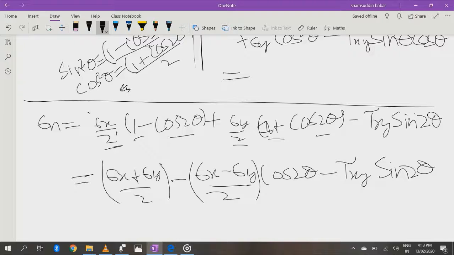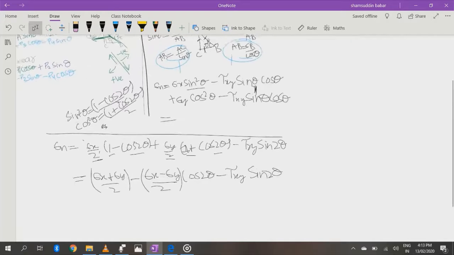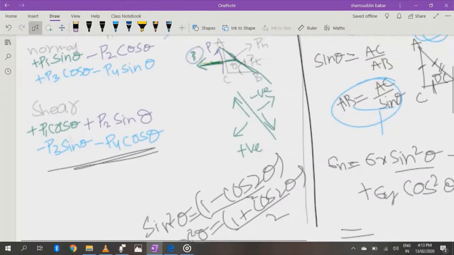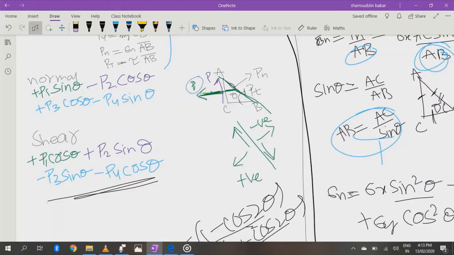The way I have solved this normal stress, in the same way shear stress will be solved.